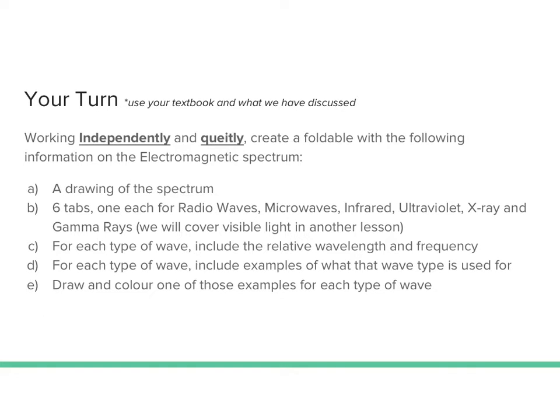And then for each wave, you need to include the relative wavelength and frequency. For example, radio waves have the longest wavelength and the lowest frequency, all the way to gamma rays, which have the highest frequency and the shortest wavelength. And also for each type of wave, you need to include a couple of examples of what it's used for. Finally, for each wave, you need to choose one of those examples and you need to draw and color it.